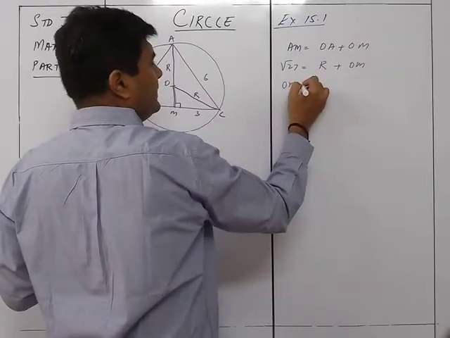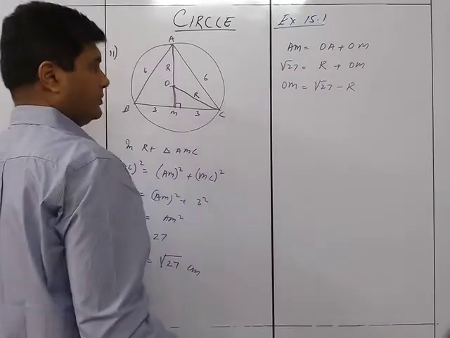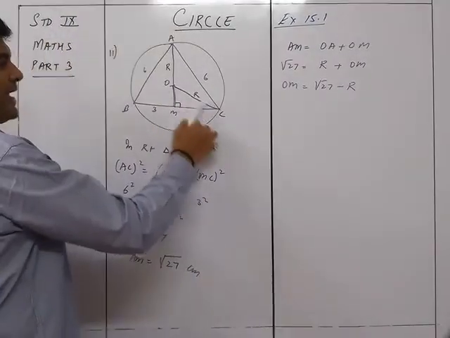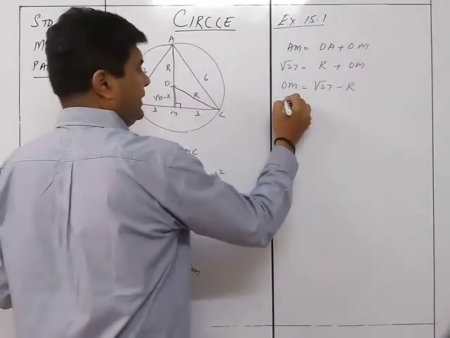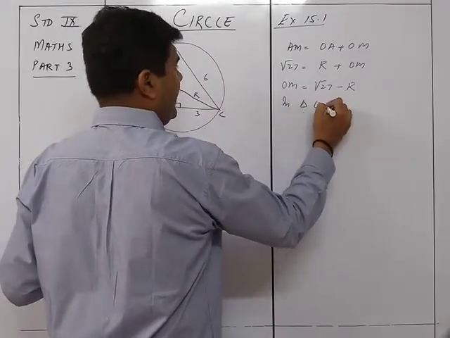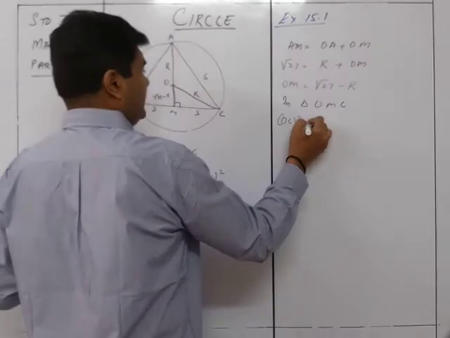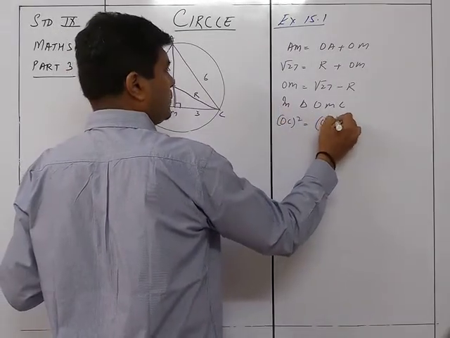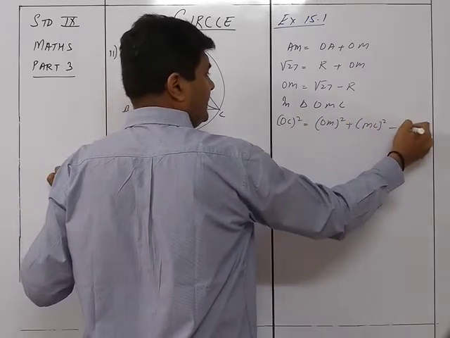So OM is equal to root 27 minus R. So in triangle OMC, we see that OC square is equal to OM square plus MC square. This is again by Pythagoras theorem.